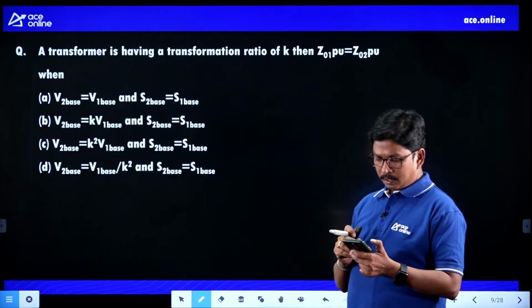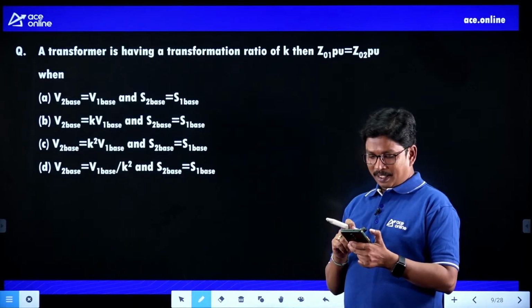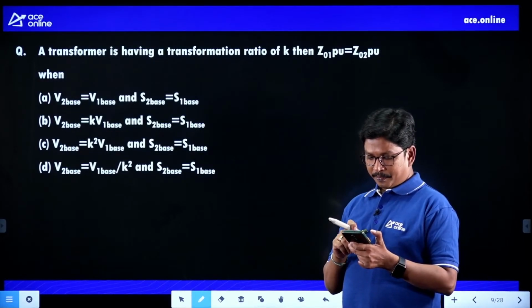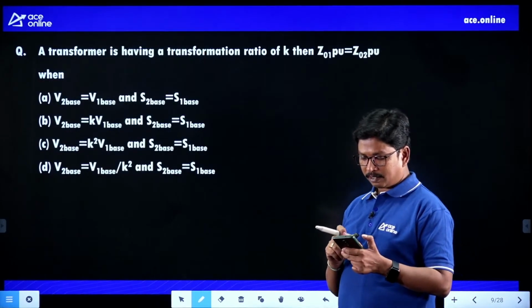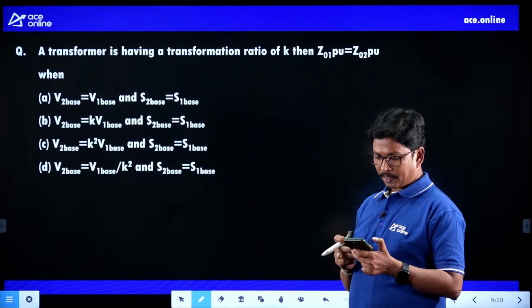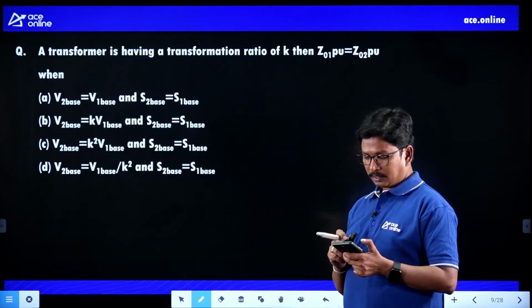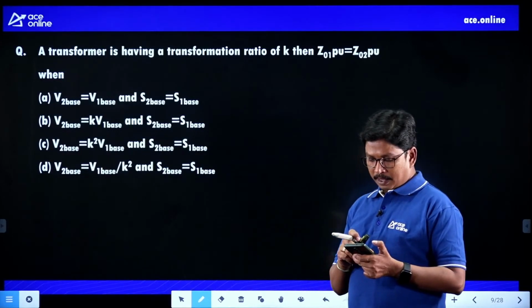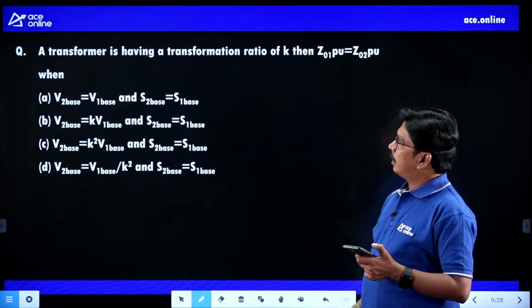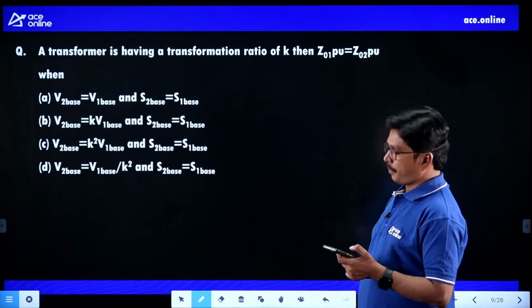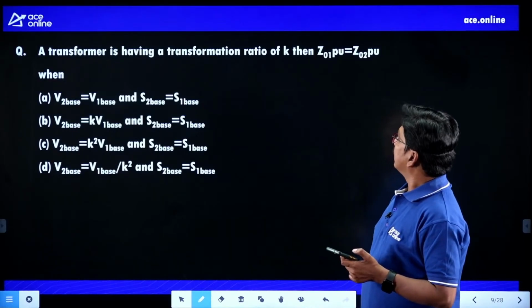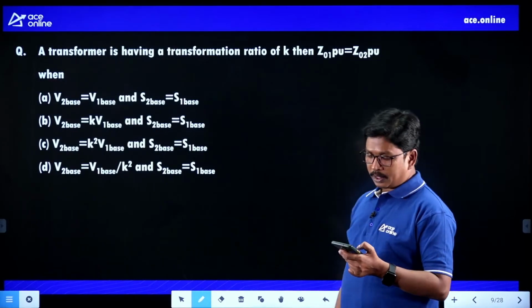Good evening, Ram Tulsi, Durgam, and Anita. Good evening. Any answers? Can we expect any answers? Durga Prasad, Anita. A transformer is having a transformation ratio of K. Then Z01 per unit is equivalent to Z02 per unit.